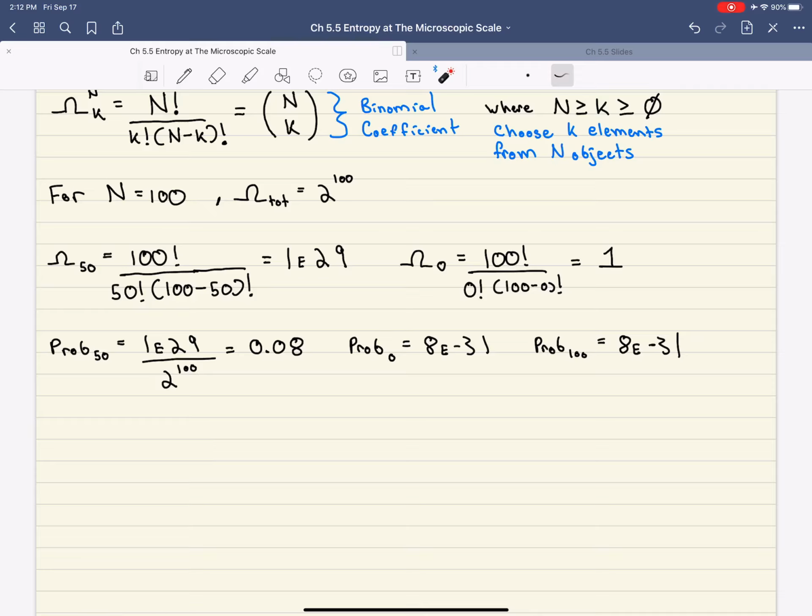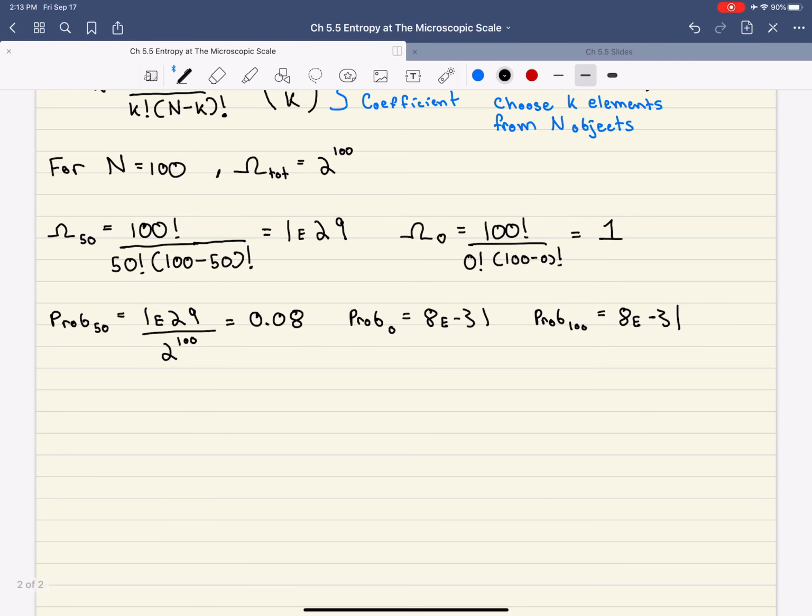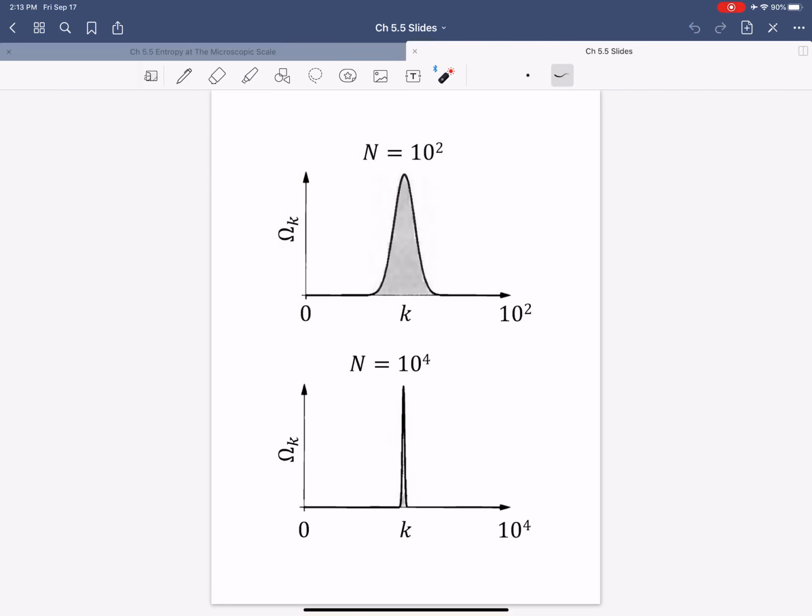And so that's generally true. The observation that you should see here is that if you increase the number of coins in this collection and you flip them, the distribution of how many coins you get face up gets narrower. To visualize this, we could compare the distribution of omega k for the case where we have 100 coins to the distribution of omega k for the case where we have 10,000 coins.